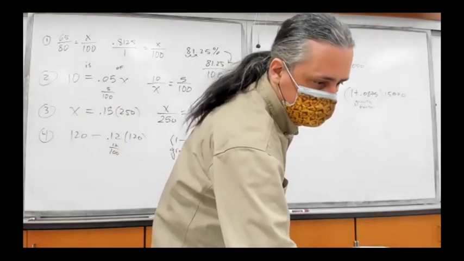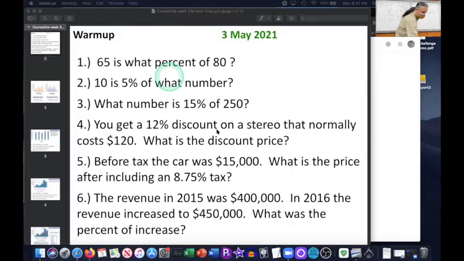Okay, now the last problem. Now the last problem, we want to find the percentage of increase. So over the course of a year, our revenue went up by $50,000. So we made a little more money the next year. Okay, so this is where you want to subtract and always divide by the original.